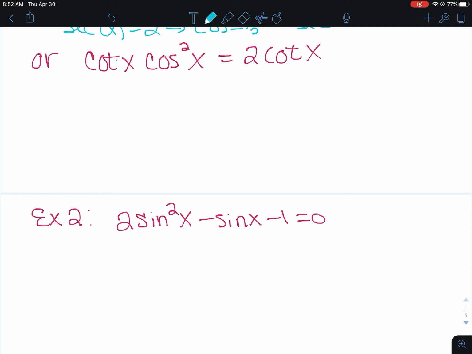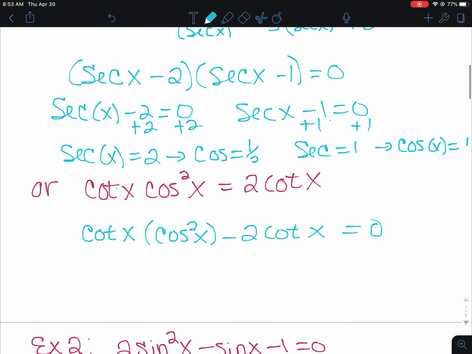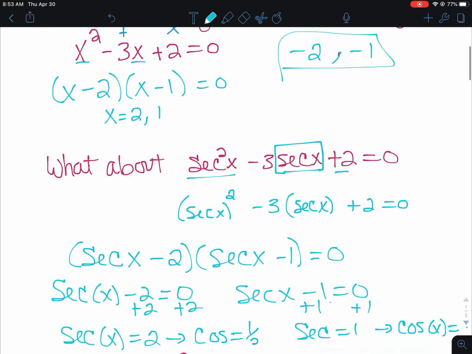For the second one, if I had cotangent x times cosine squared x equals 2 cotangent x, well, when we start to factor something, remember we want everything on one side of the equation. So let's write this as cotangent x times cosine squared x minus 2 cotangent x equals 0. There are not 3 terms here.